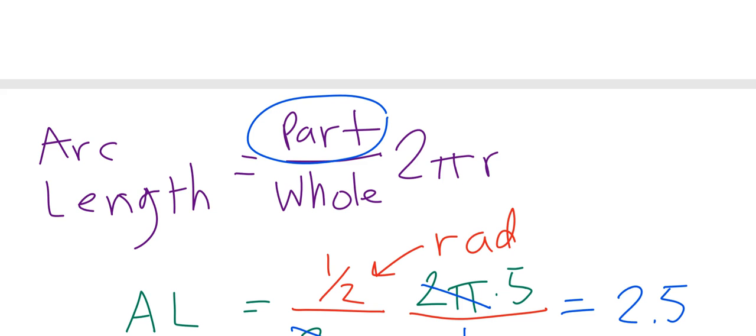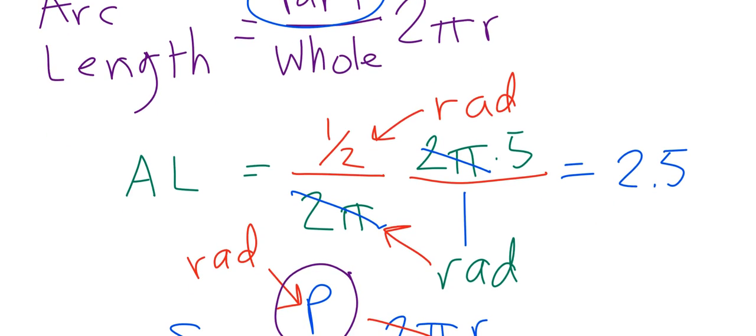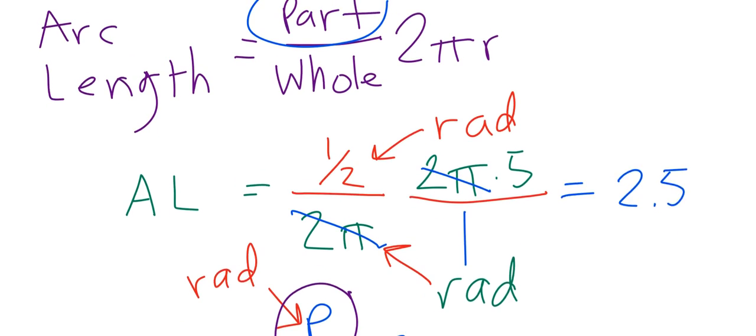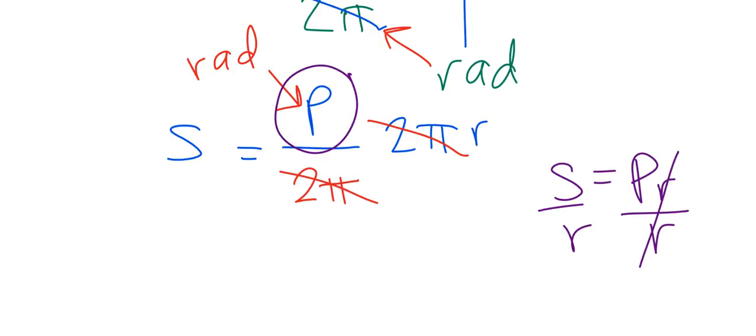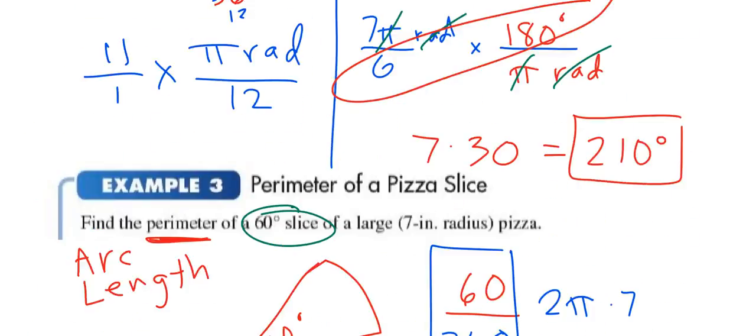Whether it's radians or degrees, it's the same exact. The only decision you have to make is what you're going to put down here for the denominator. And that's based on what they chose to give you for the numerator. Okay.